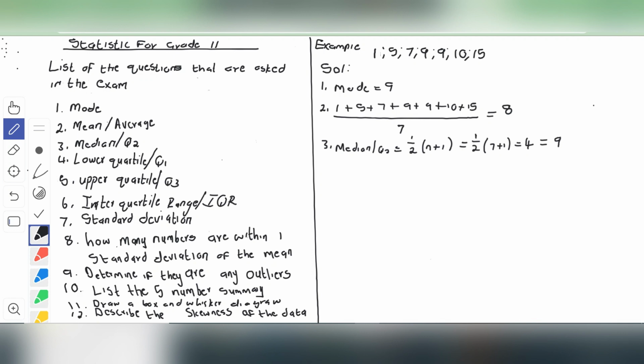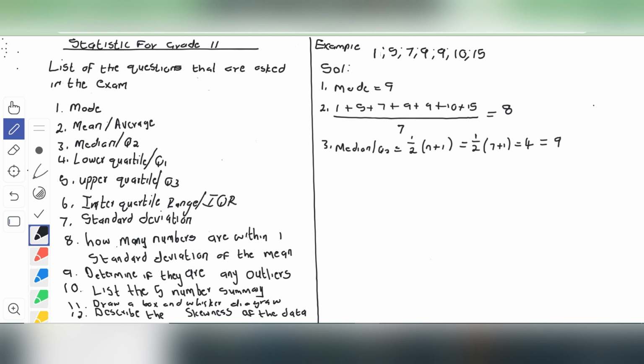With the other method of finding the median, because you are given 1, 5, 7, 9, 9, 10, 15, most people say, okay, I'm going to count 1 from here and 1 from there, 2 from here and 2 from there, 3 and 3, and the remaining number is 9. Then they write it as the answer. But this only helps whenever you're given a small data set.